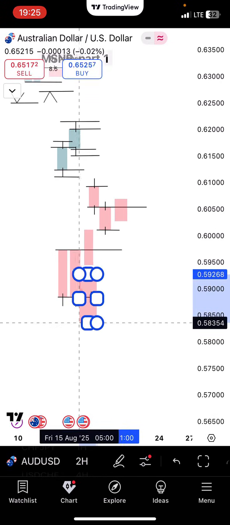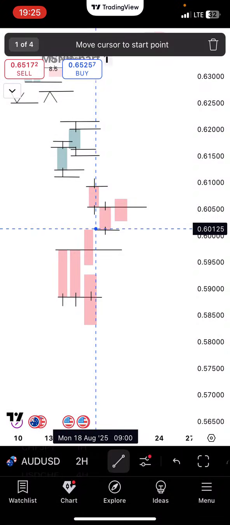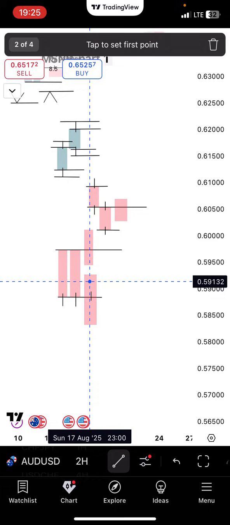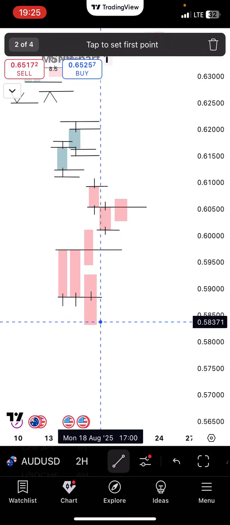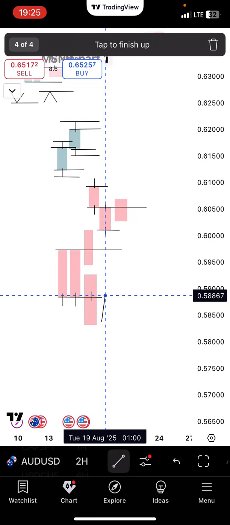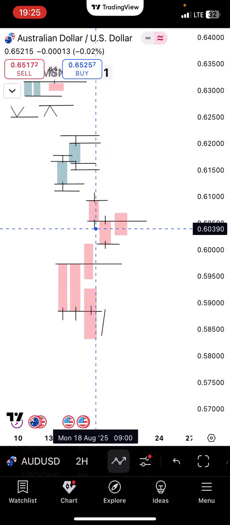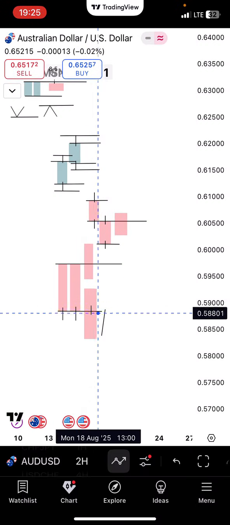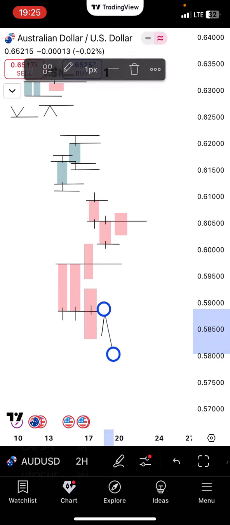If you were trying to buy from this level before and the market invalidated it, that simply means the market is about to reverse and sell. So wait for the market to retrace back into the same key level and sell. As easy as that, guys. Since we were trying to buy, the market said no, then you sell. That's just a simple concept.